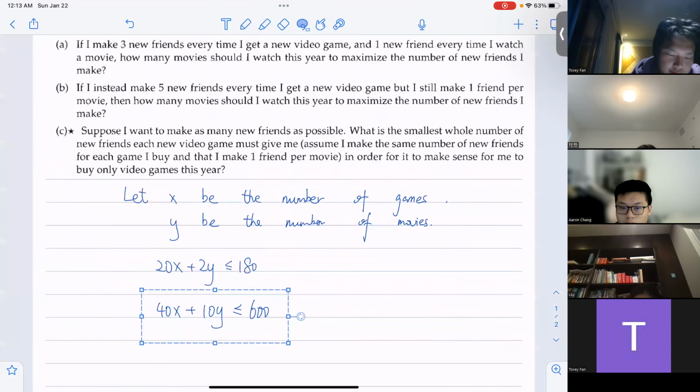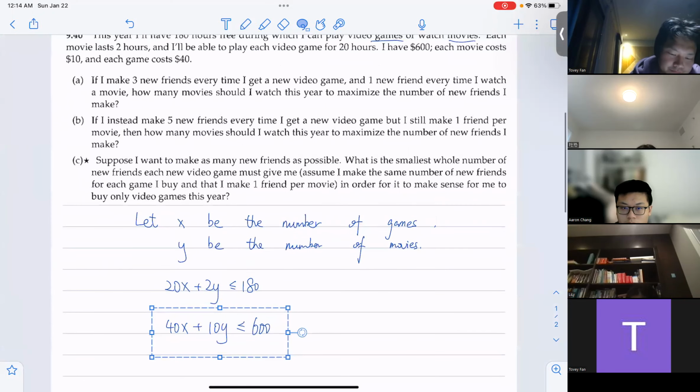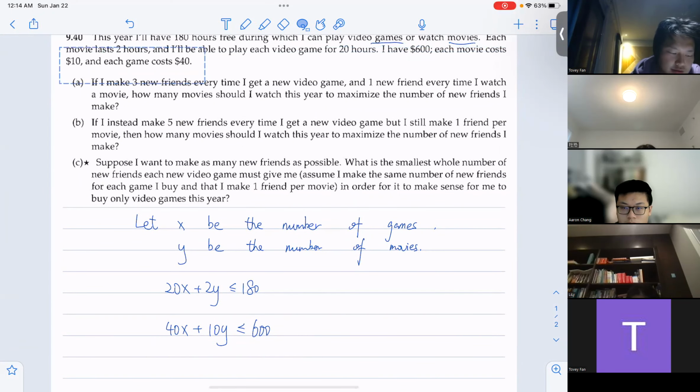Again, just based on the cost of games and movies. One is in terms of time, the other in terms of money. Any other inequality we can write down?